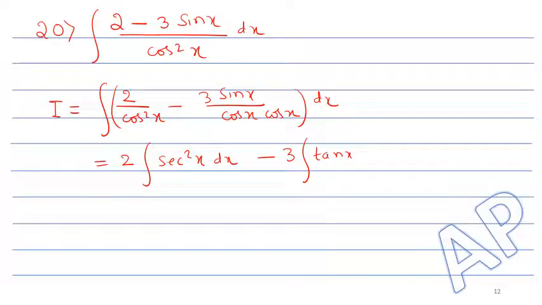One more 1 by cos x remains here, which is secant x dx.